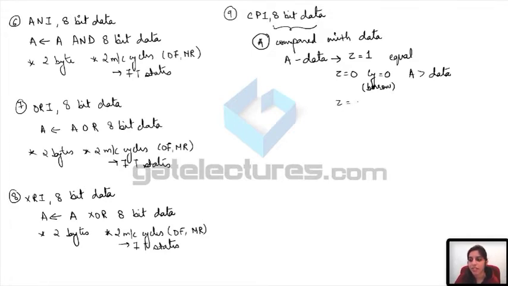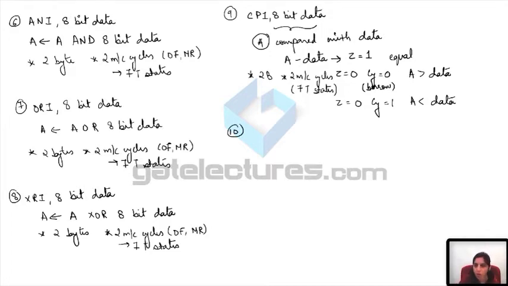And if zero flag was 0, which means that the result was not 0, and carry flag is 1, that means we had to take a borrow. This means A was less than data. So this is what this instruction is going to do. This is also a 2-byte long instruction, 2 machine cycles and 7 T states. Fine. So this is what CPI is going to do.